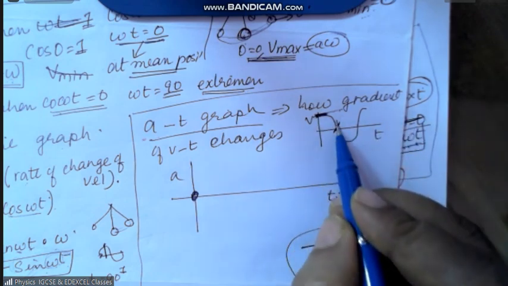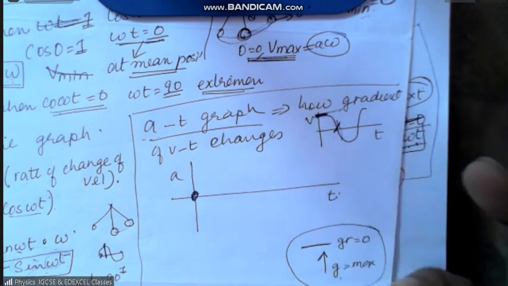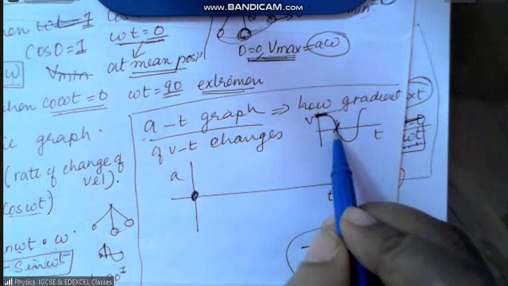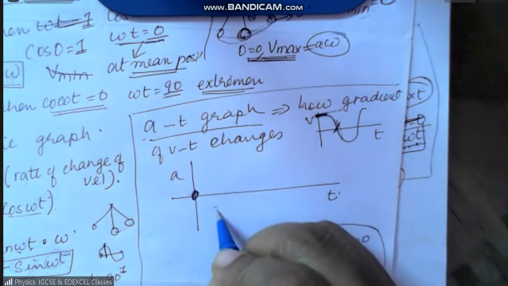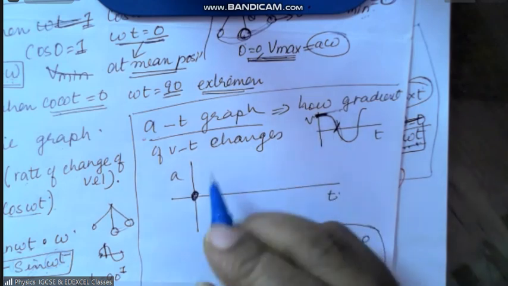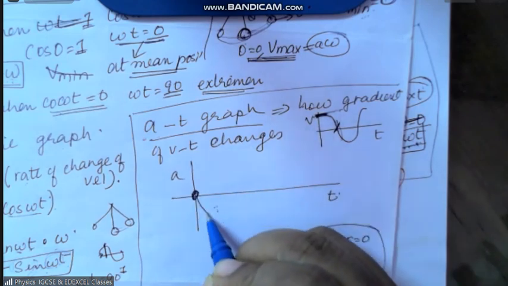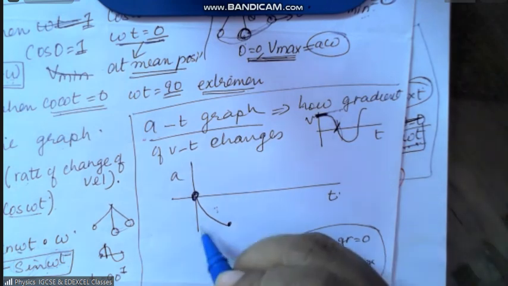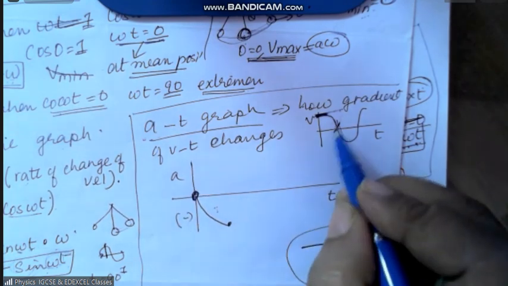When you calculate the gradient between these two points, you will get a negative value. How do you know? The graph is going down, which means you will get a negative gradient. So it must be in the negative part. So here it must increase in the negative part. Maximum.